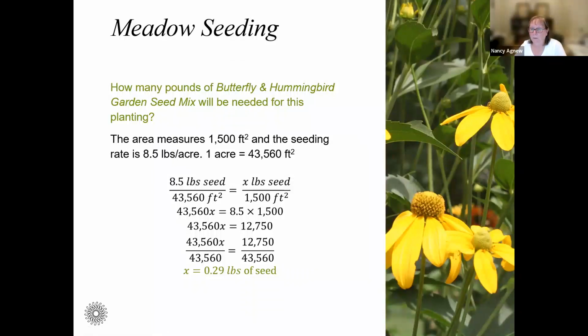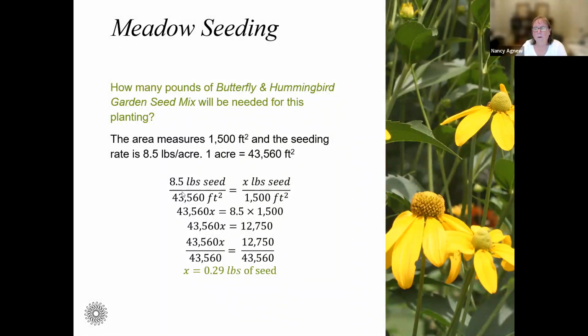So when I set up my proportion, I say I need 8.5 pounds to every 43,560 square feet, which is equal to an acre. I want to know how many pounds of seed I need for my little 1,500 square foot mini meadow.